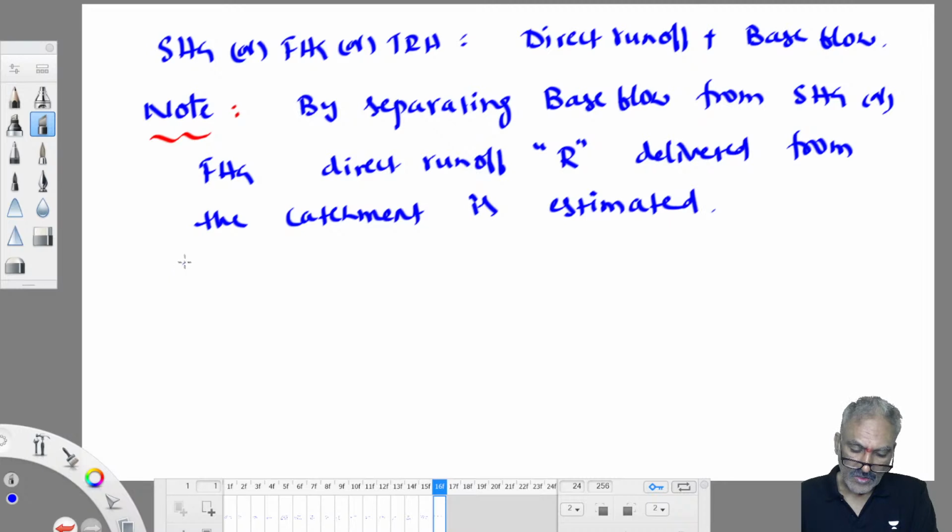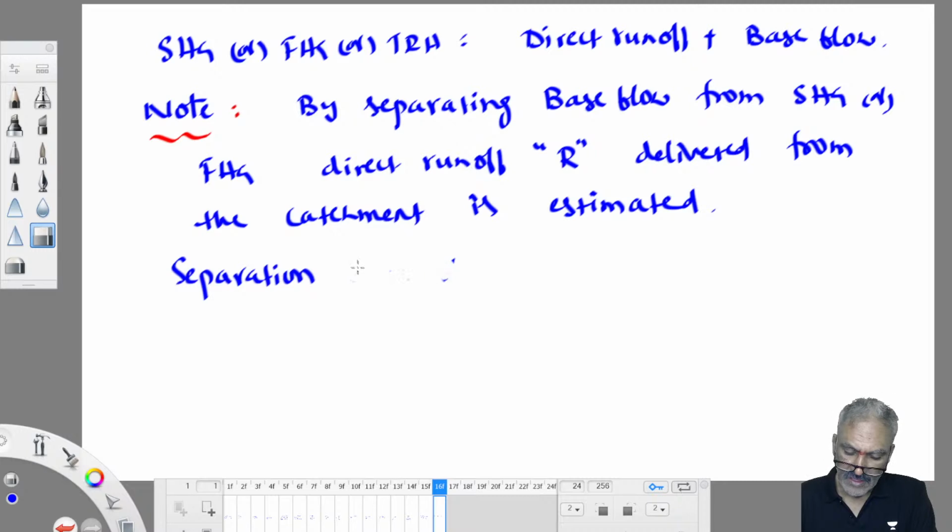Okay, how to separate base flow? There are so many methods, but base flow is a known component in all our analysis. Therefore, all those methods of separation of base flow are not required. So base flow is a known component.